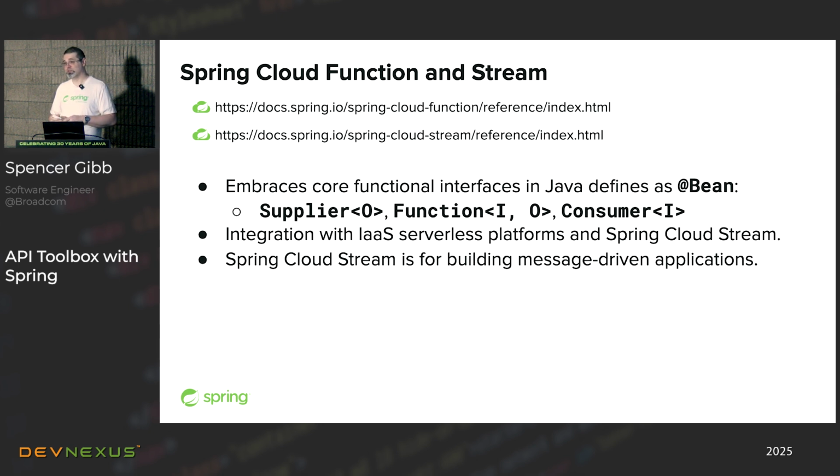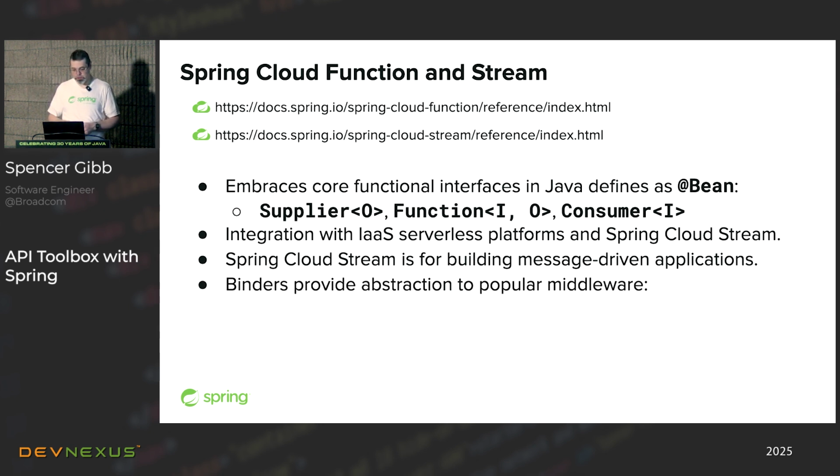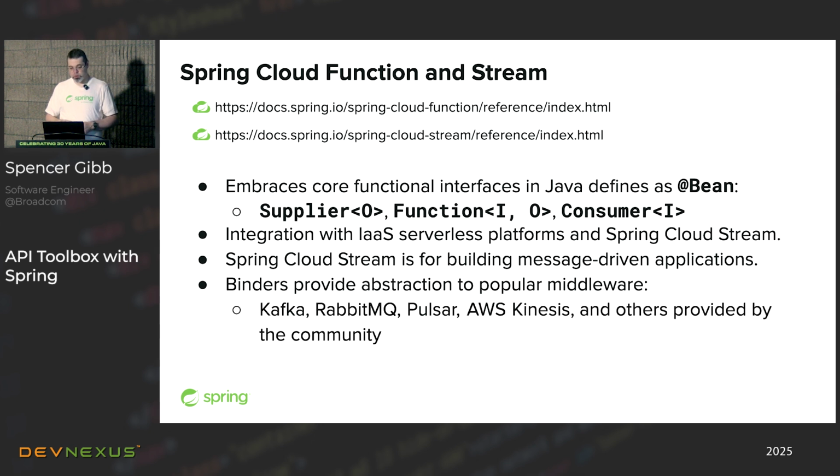A lot of times it might be more appropriate to have an asynchronous message be sent for your system to handle later. So we have support for things like Kafka and Rabbit, Pulsar, and there are also community projects for other various message brokers that exist out there.